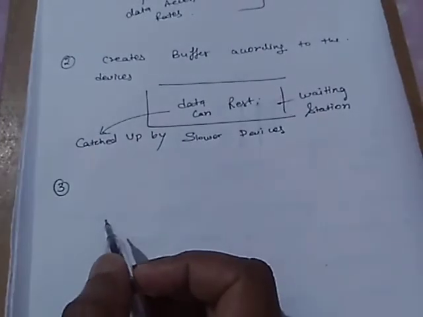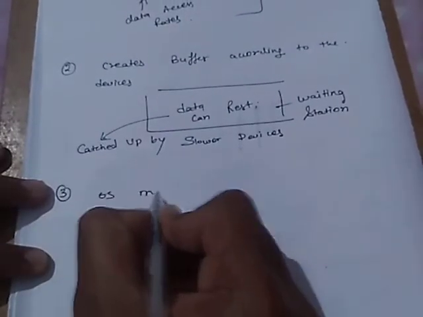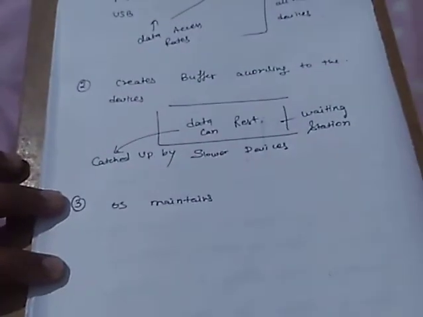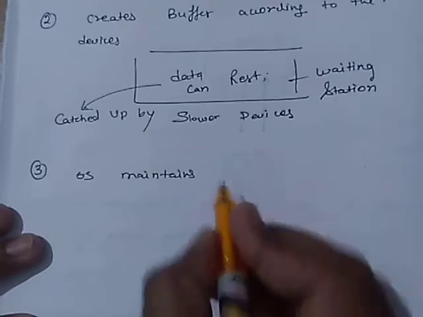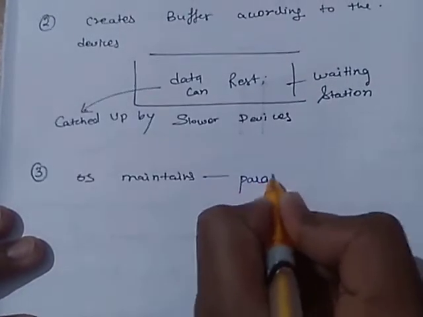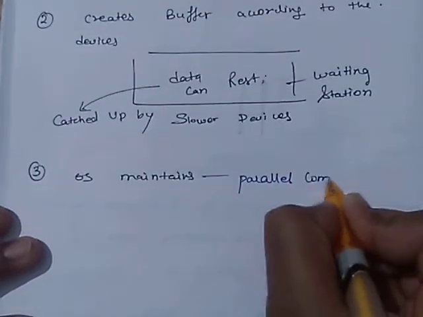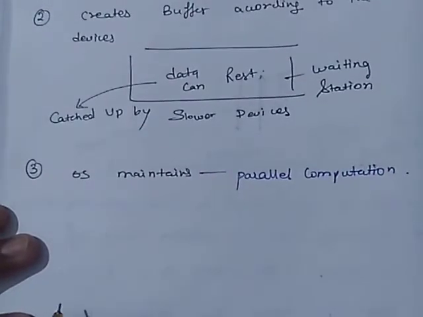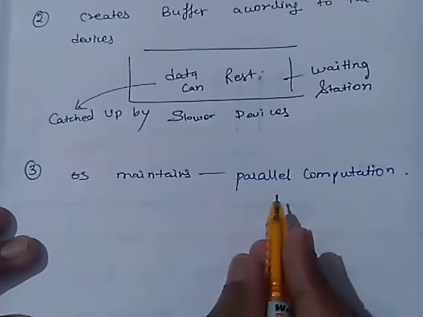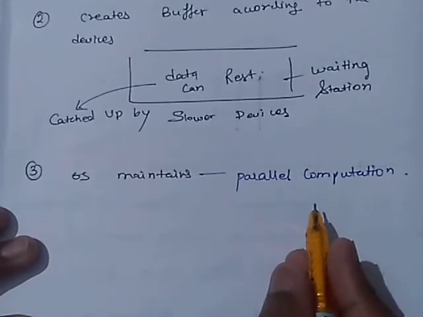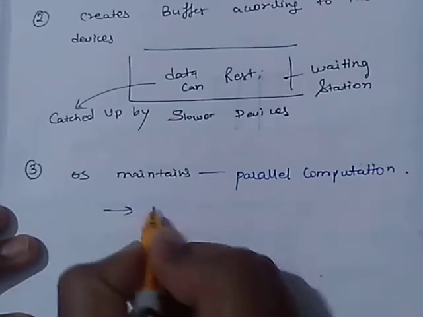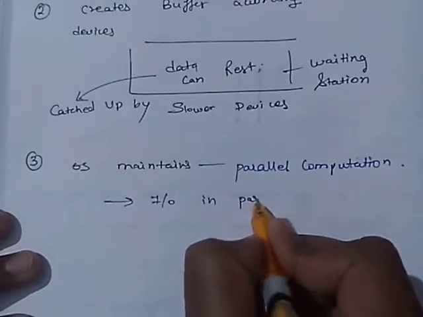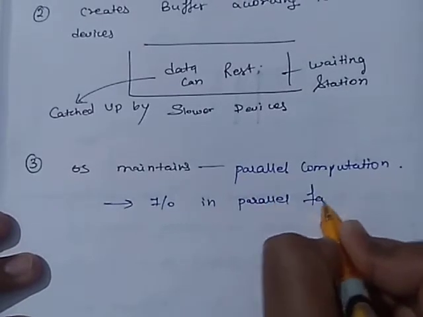So operating system maintains parallel computation because in the spooling process the computer can perform input output in parallel fashion.